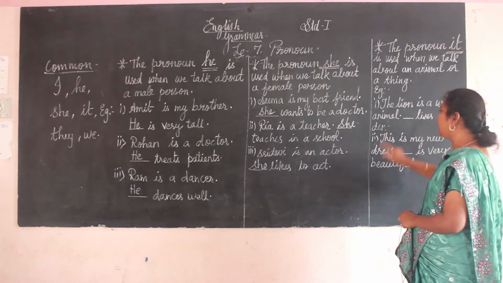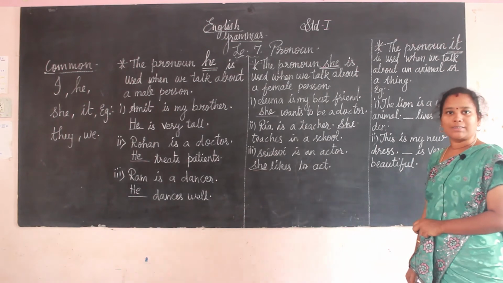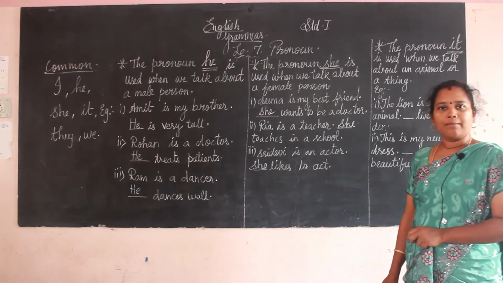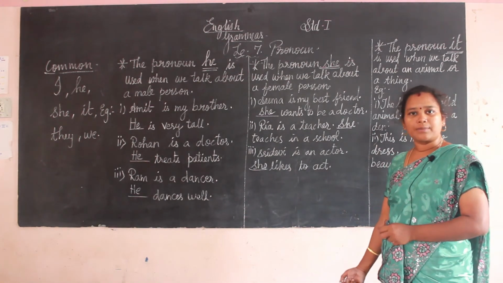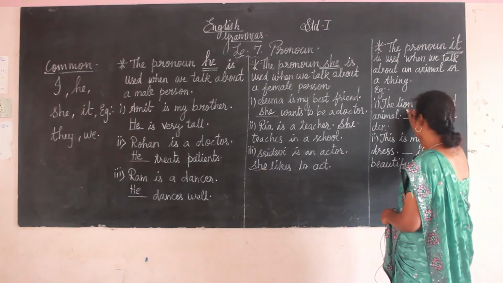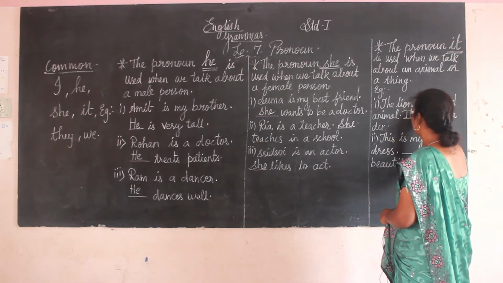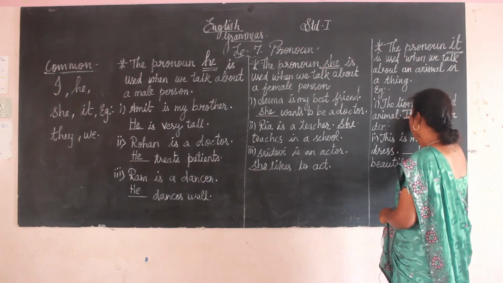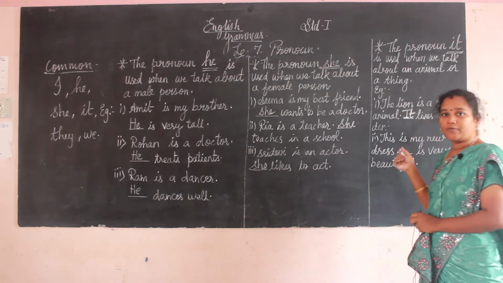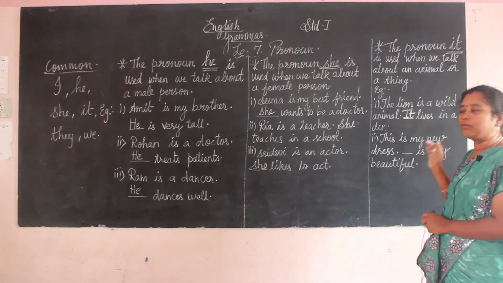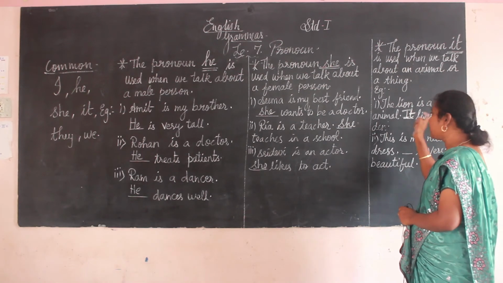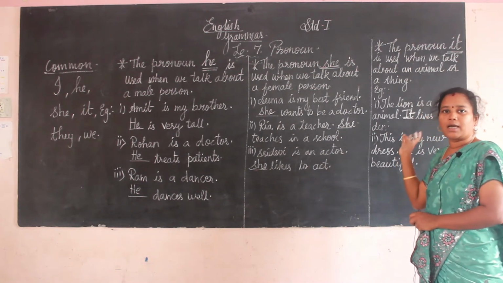Dash lives in a den. What will you use? You will use it. We will not say he or she. If male or female were shown, we could say so, but generally it is neutral, so the lion lives in a den.